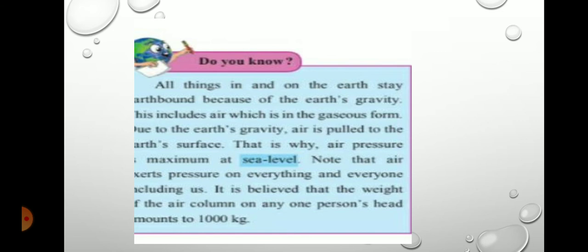That is why air pressure is maximum at sea level. Note that air exerts pressure on everything and everyone, including us. It is believed that the weight of the air column on any one person's head amounts to 1000 kg.